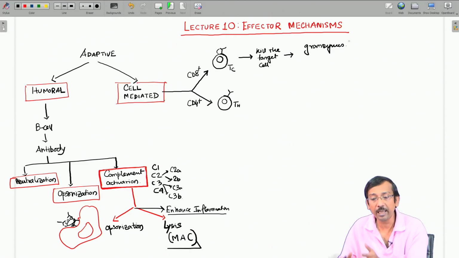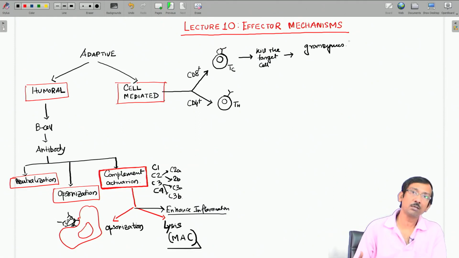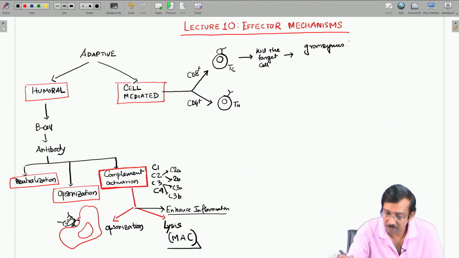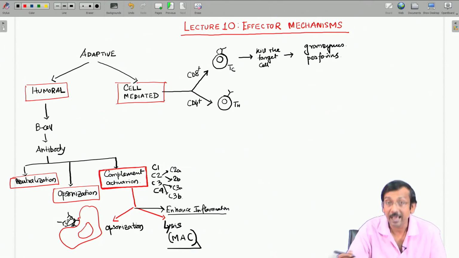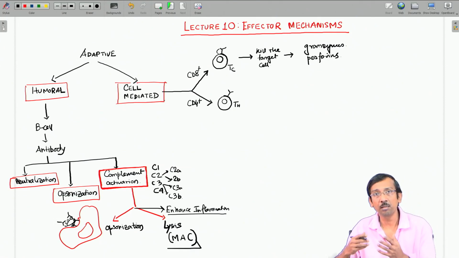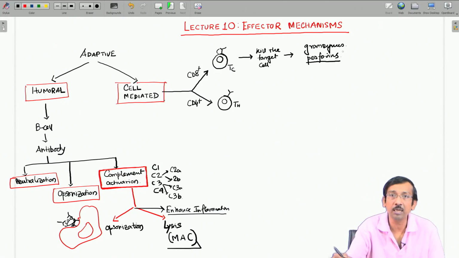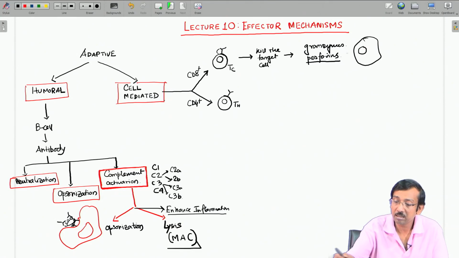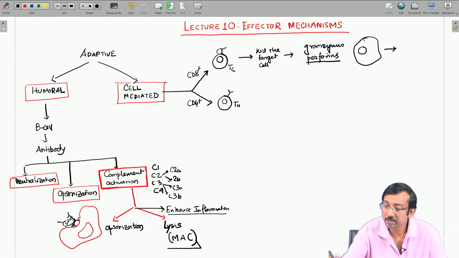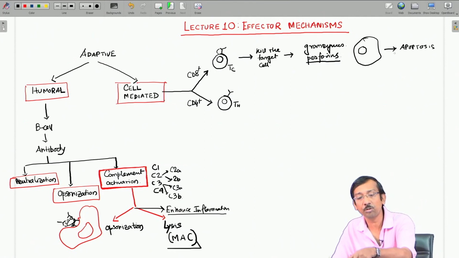And how do these granzymes enter into the target cells? They enter by the action of another kind of protein, the perforins, which assist in the entry of the granzymes into the target cell. So, let us say this is the target cell, and it is killed, or apoptosis is induced in these cells by the action of the cytotoxic T cells.